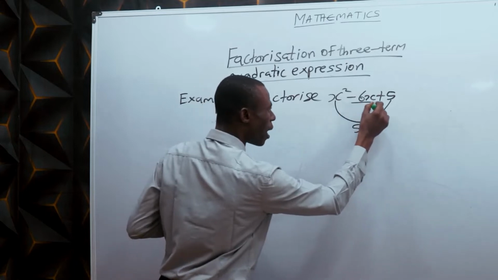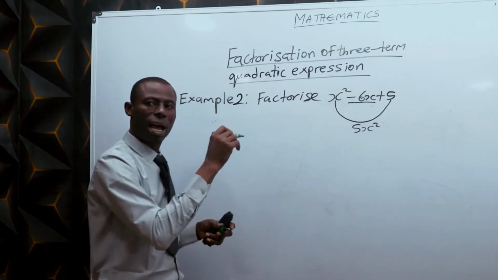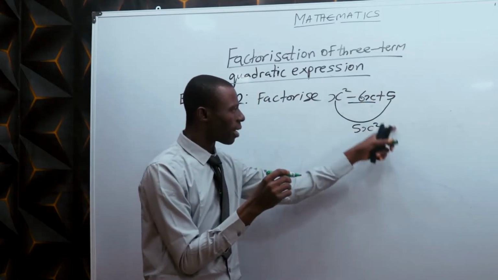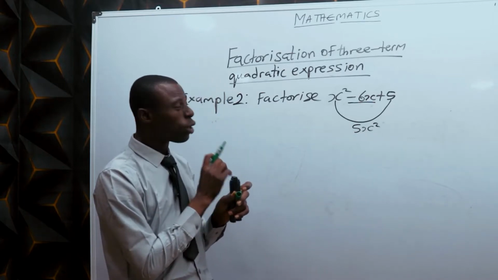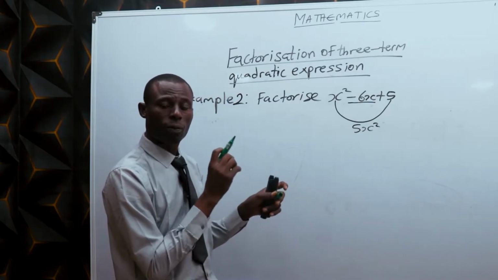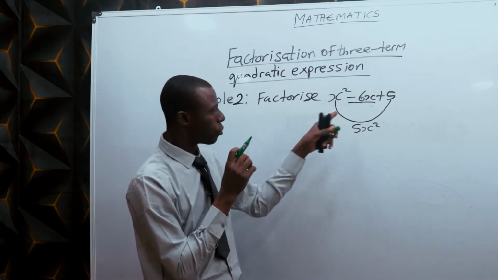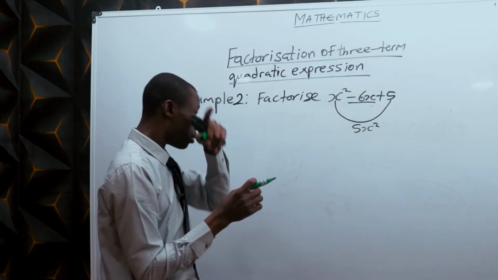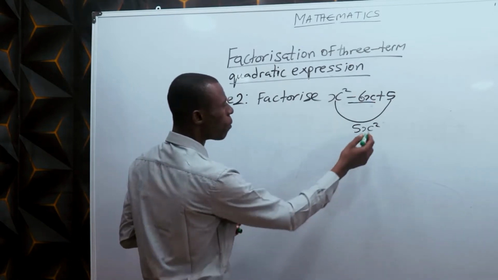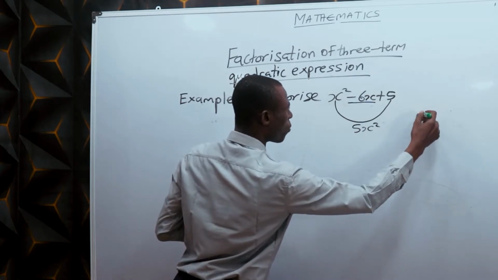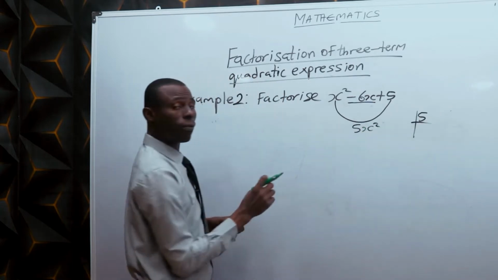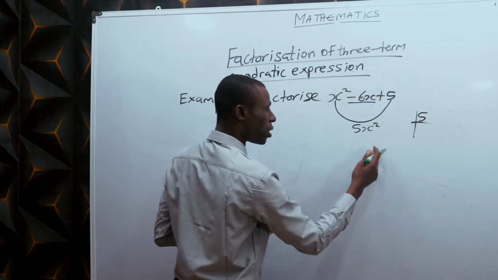Underline the middle term. It is the middle term and the product of the first and last term that we use together to confirm the factors of every expression like this. How? Take the coefficient of the product of the first and last term, which is 5.